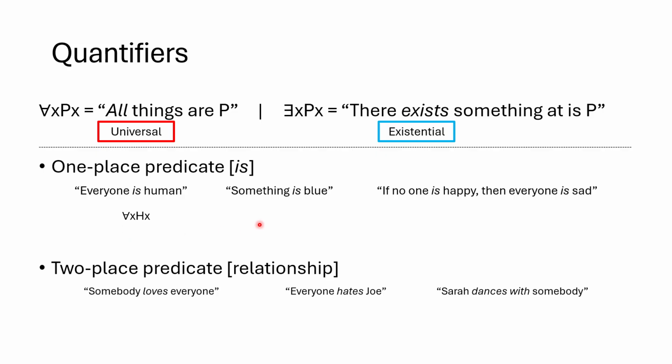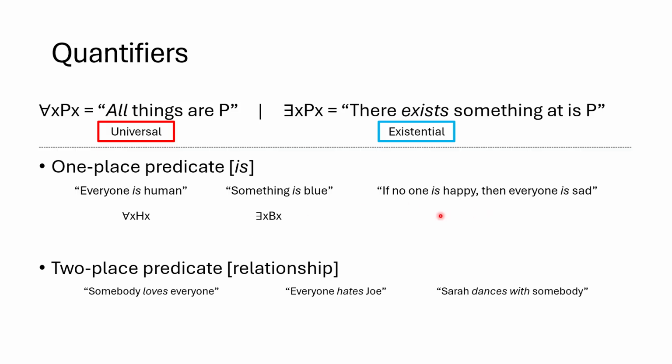You can probably see how this is going to play out. Something is blue: blue was our predicate from the last slide, where we said the sky is blue. Since we're saying something rather than all things are blue, we use our existential quantifier. Same thing as before, we put the x in our one-place predicate, and then attach an existential quantifier to the front of that predicate.